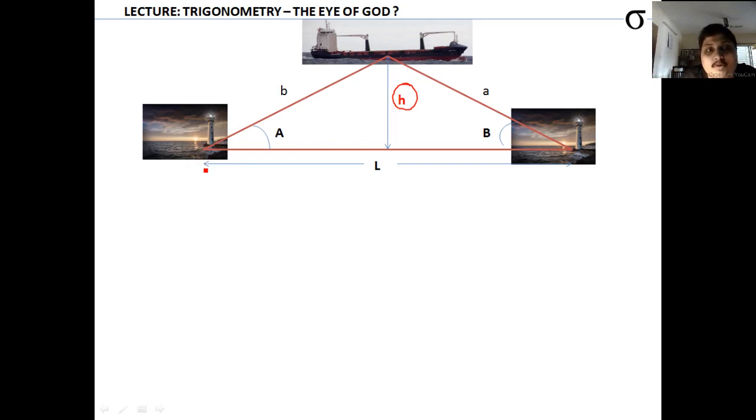So what the shore does is the lighthouse one measures the angle A, which is the angle subtended by the shoreline with the boat.